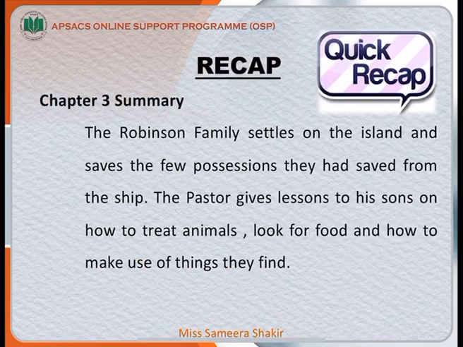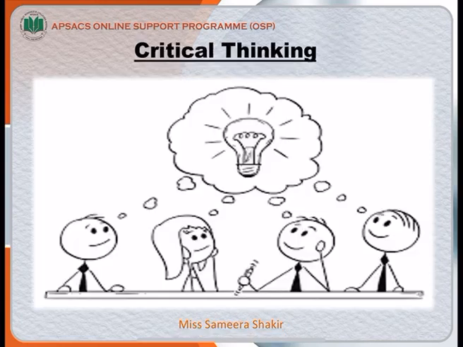The pastor gives lessons to his sons on how to treat animals, look for food, and how to make use of things they find. Now, students, you have to think critically about who the Robinson family were, how they settled on the island, how they saved their possessions, and what lessons were given by the pastor to his sons.